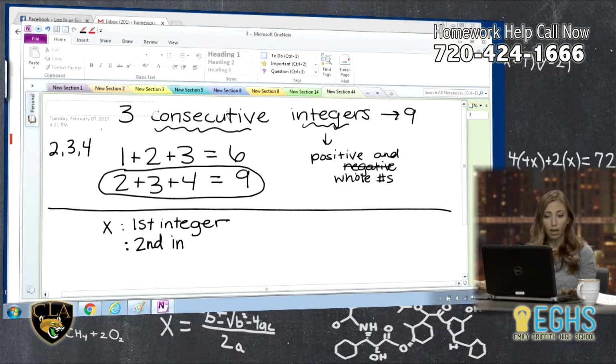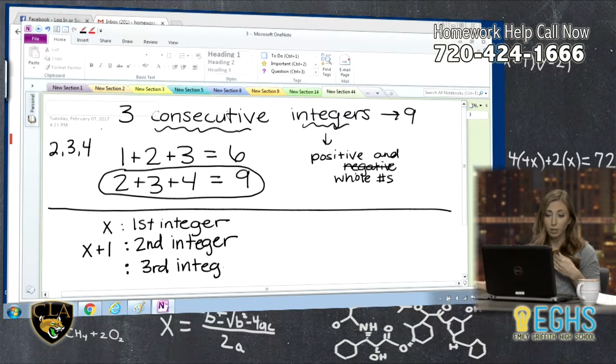So I can call that x plus 1, because whatever the first one is, the second one is going to be 1 more than that. Similar idea with my third integer. It's going to be 2 more than my first one, or 1 more than my second one. So we can say x plus 2.